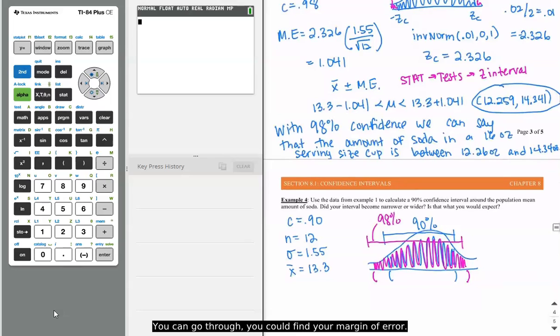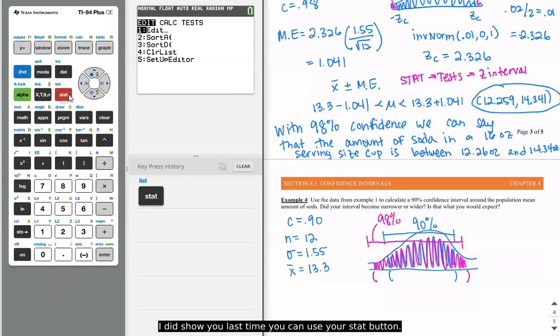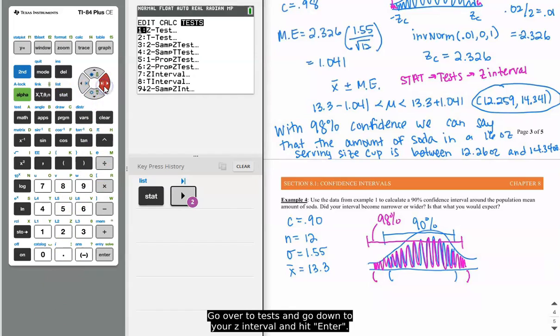You can go through and find your margin of error, find your critical value, and do plus or minus. I did show you last time you can use your stat button, go over to tests, go down to your Z interval and hit enter.